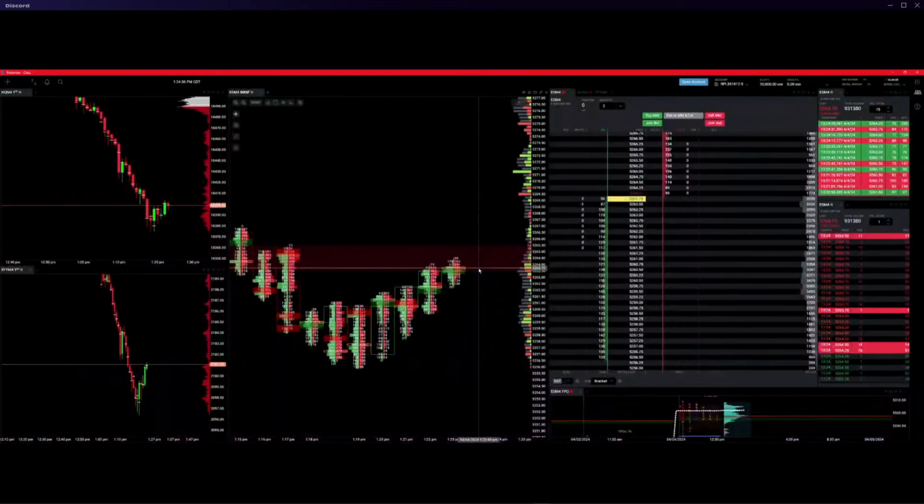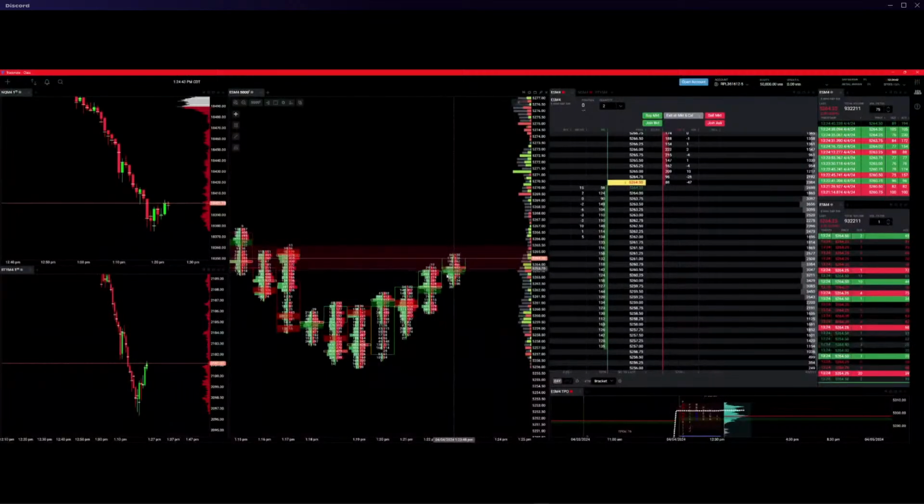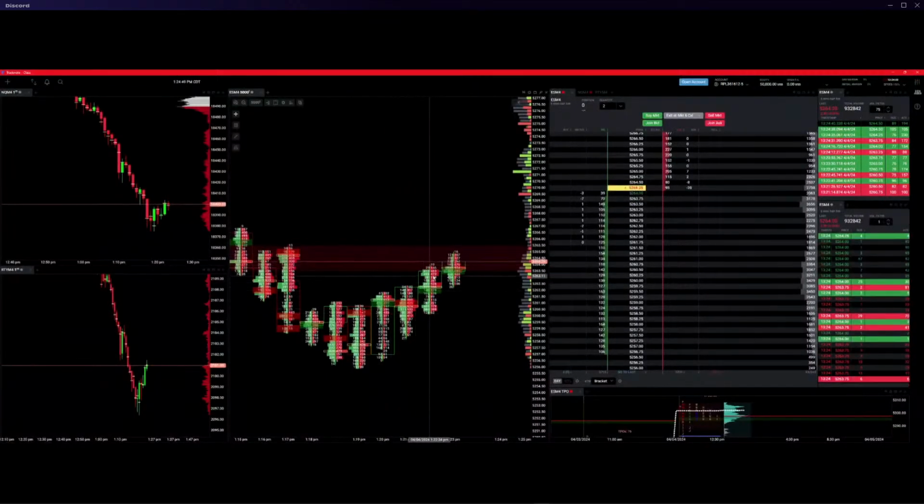Notice the offer drop down. This is very important here. Our first big take up and over back into our zone, right? Bid is trying to move up.